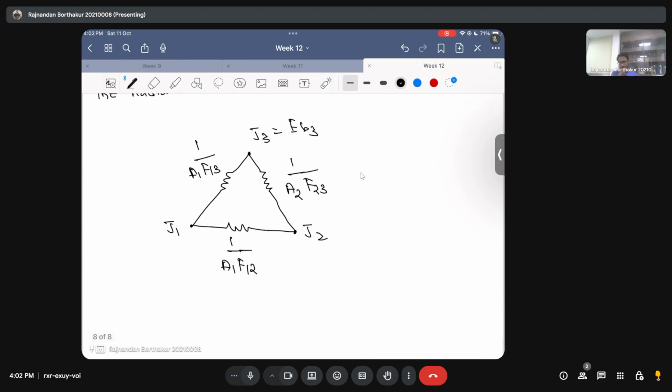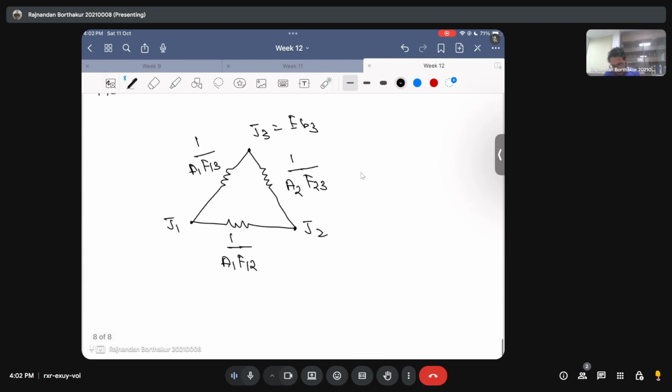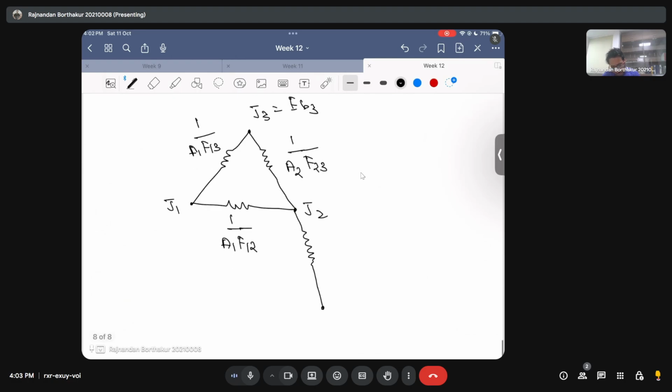All right, now this is not completed yet, because we know that the heater and the absorber are real surfaces, which means they are going to have two more surface resistances. The surface resistance of the absorber is going to be (1 minus epsilon 2) by A2 epsilon 2, and the surface resistance of the heater is going to be (1 minus epsilon 1) by A1 epsilon 1.